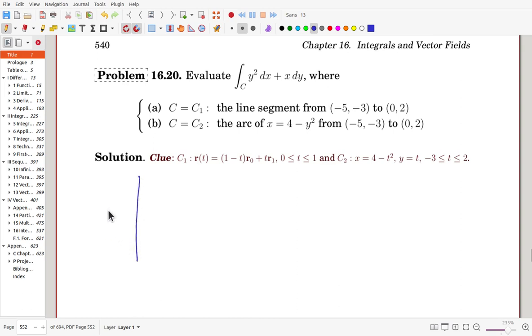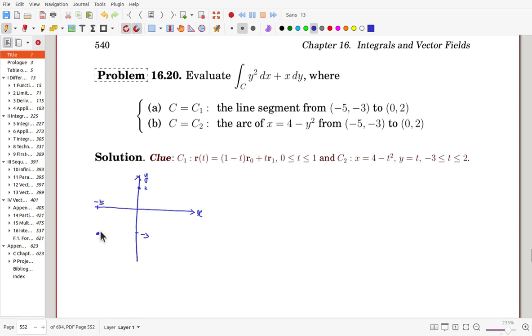Now we have x and y coordinates. So there is the x direction, and that is y. The point (0, 2) is the terminal point, and the initial point is x equals minus 5, y equals minus 3. So here is minus 5 and y is minus 3.